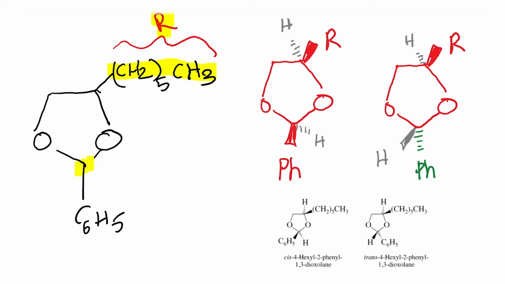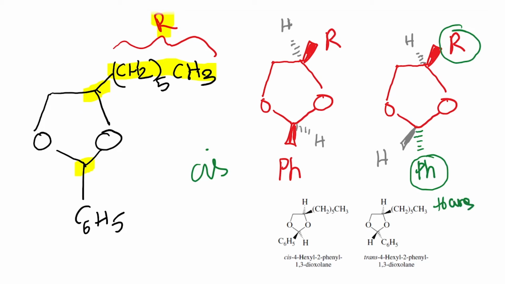If I consider this carbon and this carbon, both of these carbons have stereochemistry associated with them, and so the phenyl group can be towards us, and so can the R group. That is going to be, in our nomenclature, what we would call cis. And the other situation is where the phenyl group is going into the plane of the board, or plane of the paper, and the R group remains towards us, and this we would call trans.